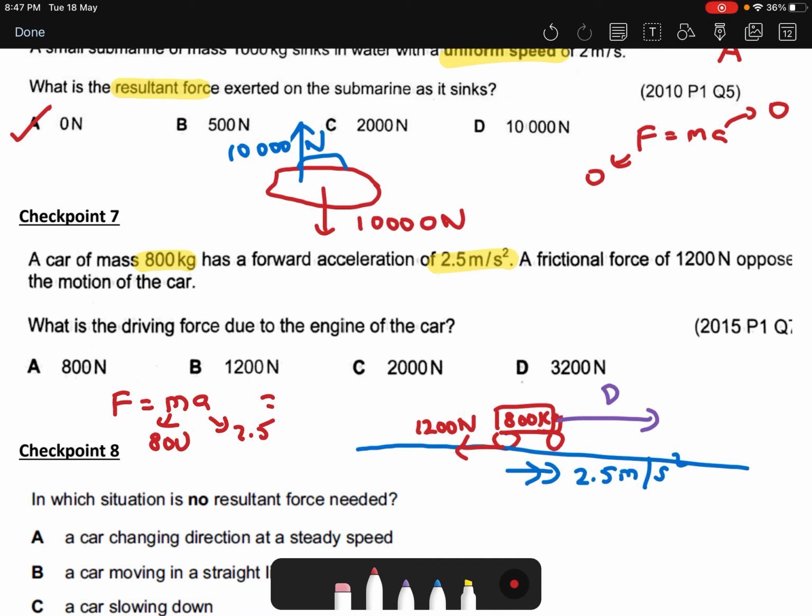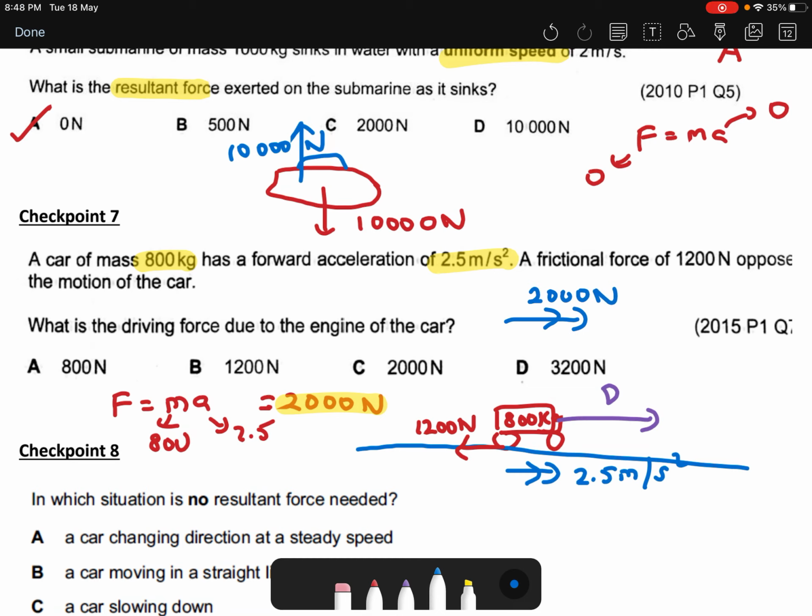You should get about 2000 Newton. This 2000 Newton is your resultant force, not your driving force or your frictional force. So we have a 2000 Newton.